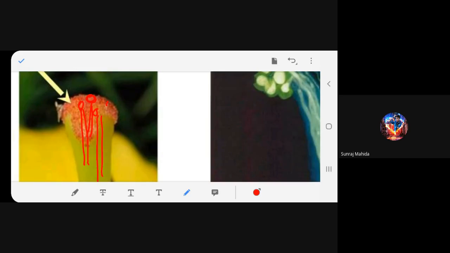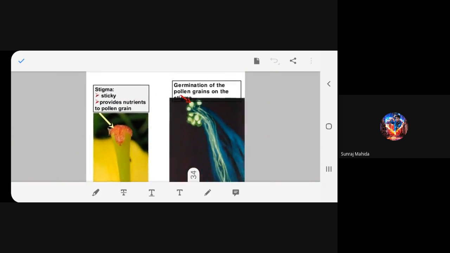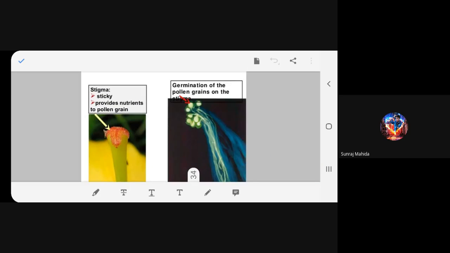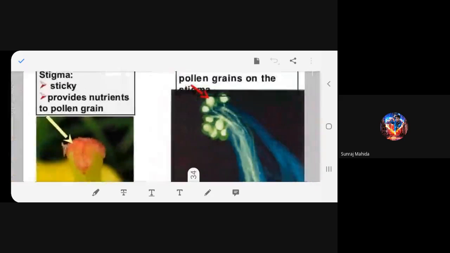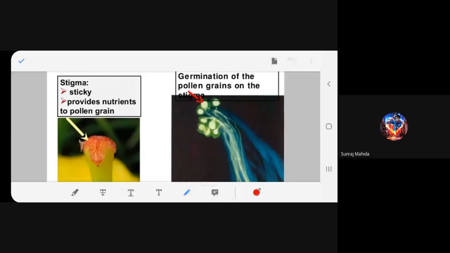So from where is it getting the help? It is getting the help from the nutrients present on the stigma. So it's allowing it to germinate. You can see over here, this is the stigma, and all these pollen grains are germinating on the stigma.